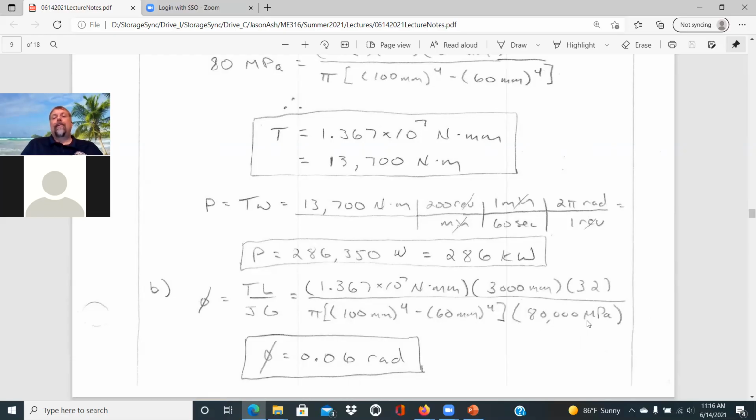And that's a Newton per millimeter squared. And so we have millimeters to the 4th down here, millimeters squared here times another millimeter squared will give us millimeters to the 4th on the top and bottom. So those will cancel, the Newtons will cancel, and we'll be left without any units, which will define our angle then in radians, 0.06 radians.